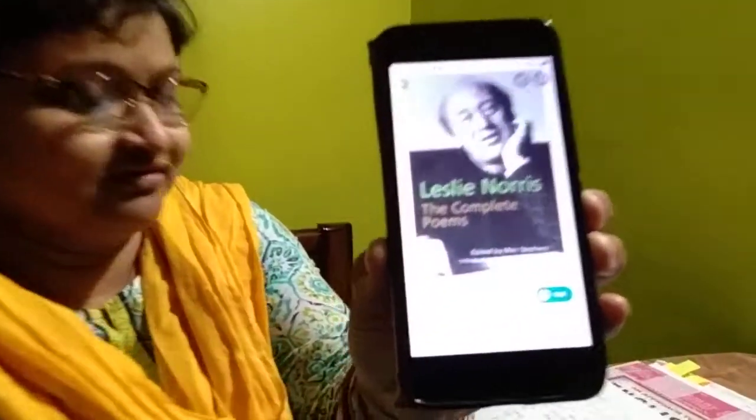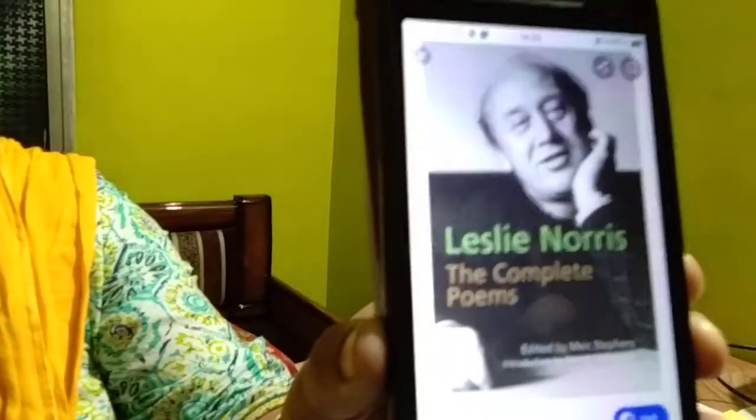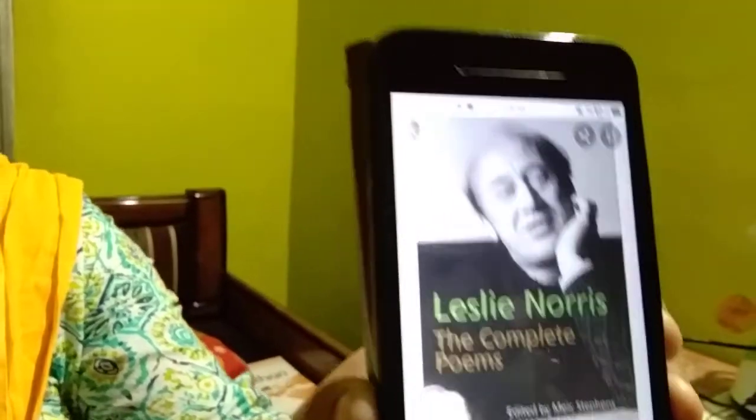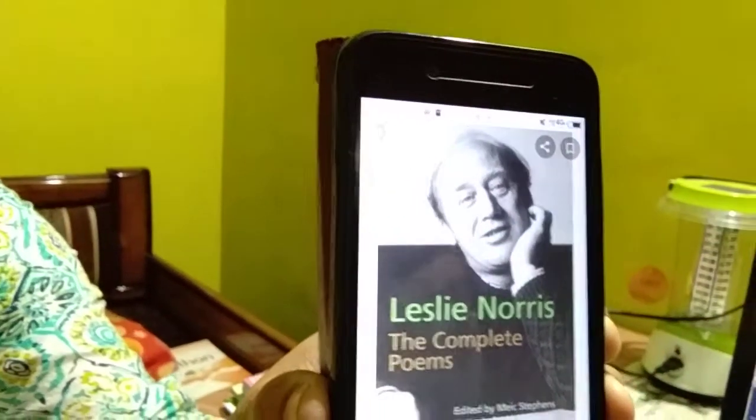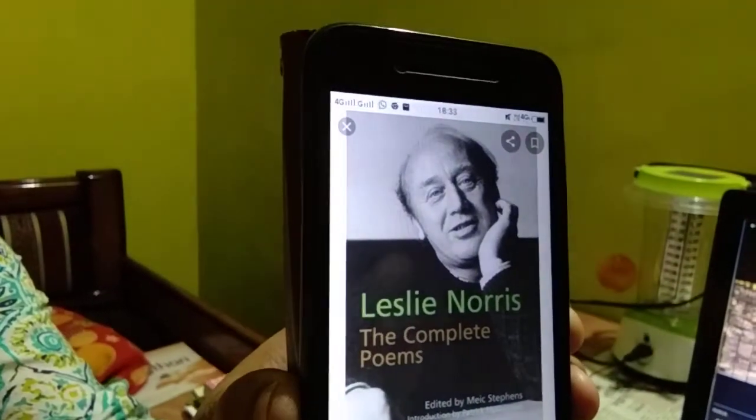He was a prize-winning Welsh poet and short story writer. I can show you the picture. This is the picture of George Leslie Norris, who has written the beautiful poem A Tiger in the Zoo.